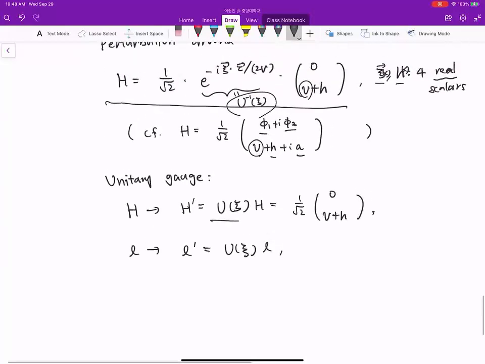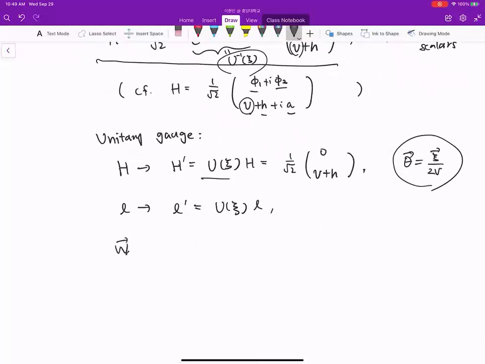So you can think of this as, let's say, the psi parameter. It's equivalent to choosing the transformation parameter to be psi over 2v. So this is the SU2 transformation.